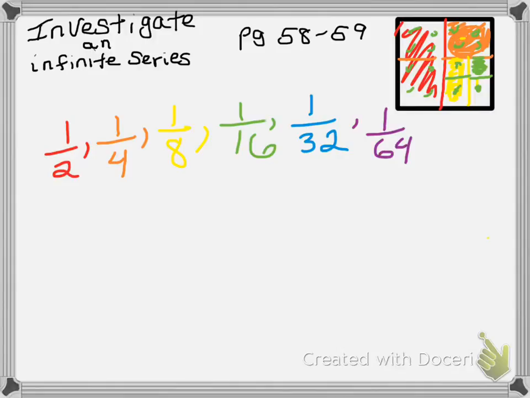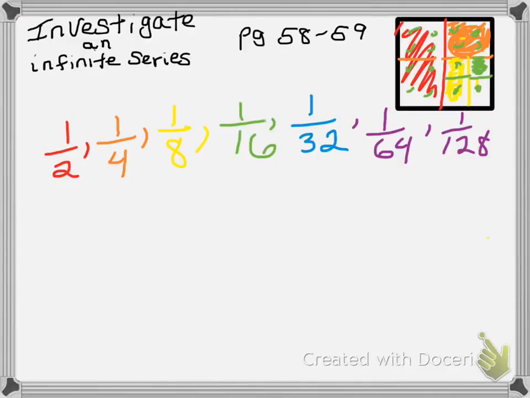And 1/64 multiplied by 1/2 is 1/128. Okay, so the answer to number 3 is 1 over 64 and 1 over 128. Those are our next ones.